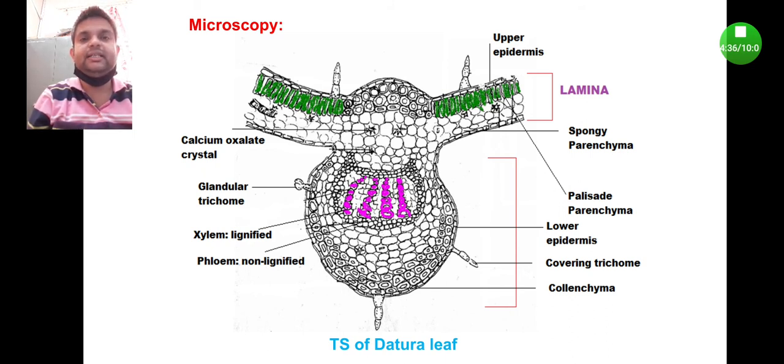So Dhatura is an example of a dorsiventral leaf, meaning only at the topmost part you will find the presence of palisade parenchyma and spongy parenchyma.